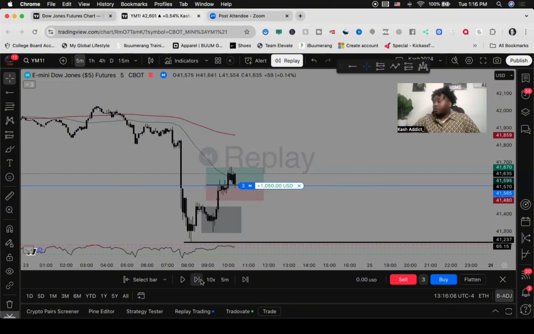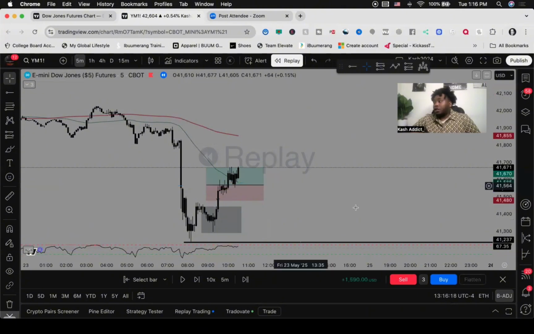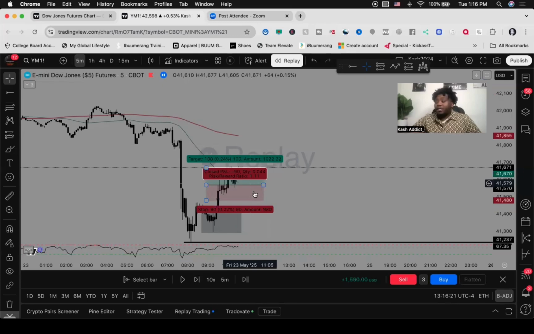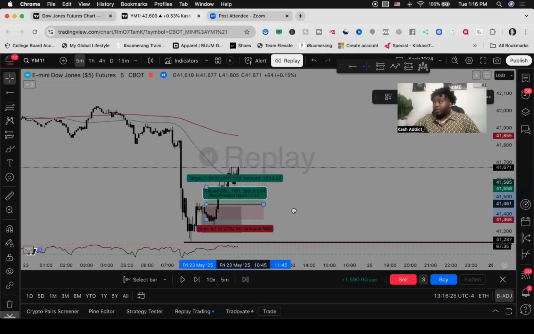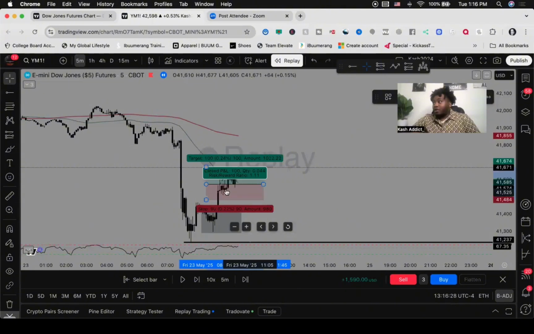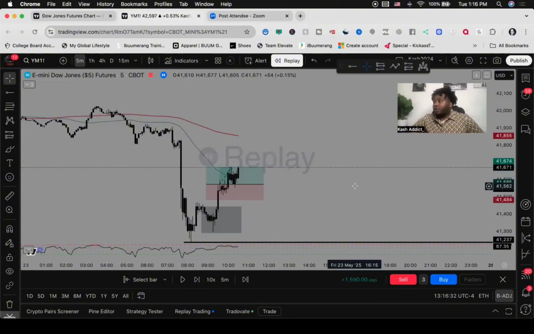Let's see. Boom, take profit smash, and you just literally closed profit out of there. And this entry wasn't even the best entry possible down here. This was just based off of candles being broken. All right. So let's find another one.